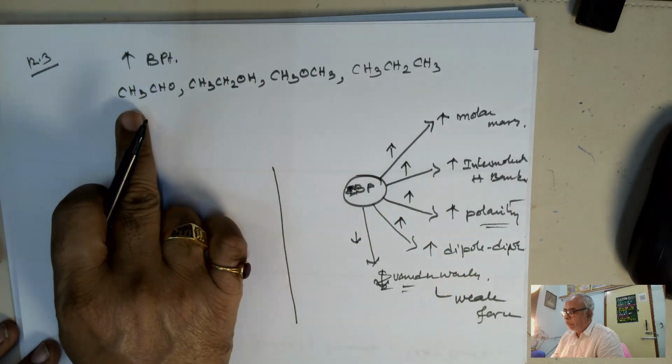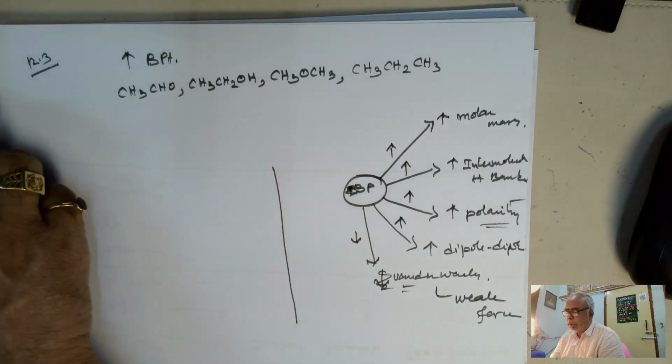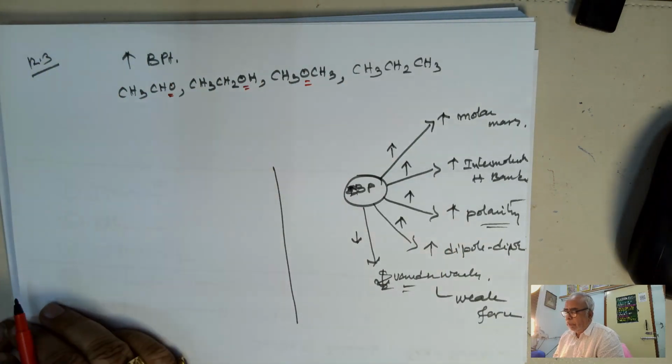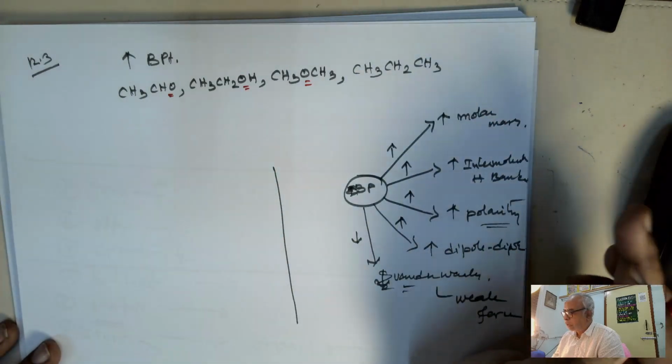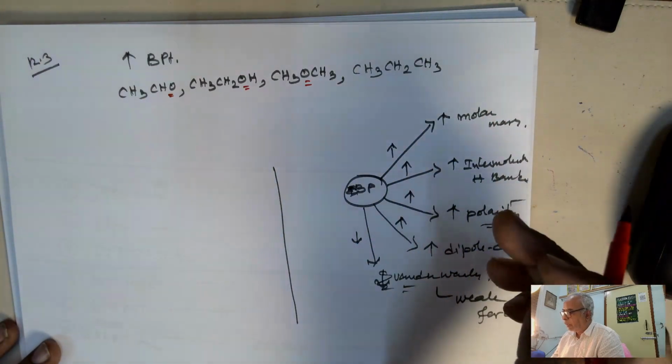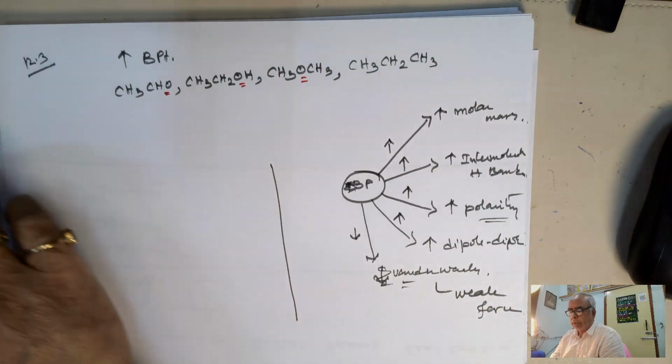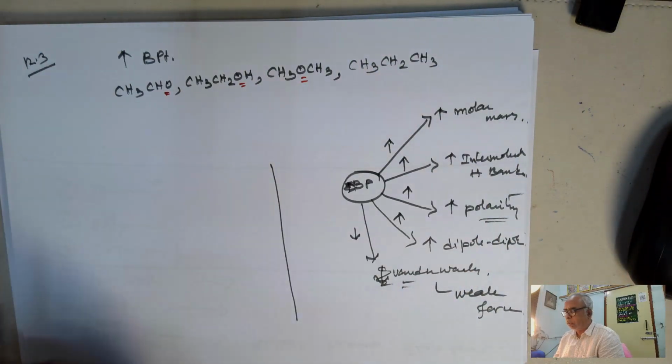And here, which is the electronegative atom? Oxygen is the electronegative atom. And in which compound is there no electronegative atom at all? This last one. So it means no polarity, no dipole moment, no intermolecular H bond, and naturally this will be the lowest. So immediately you can come to that.